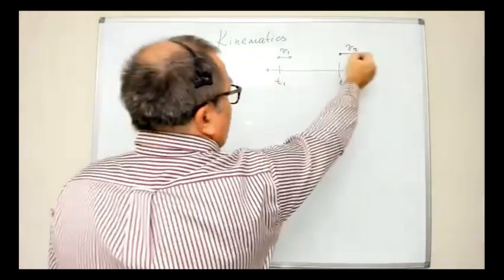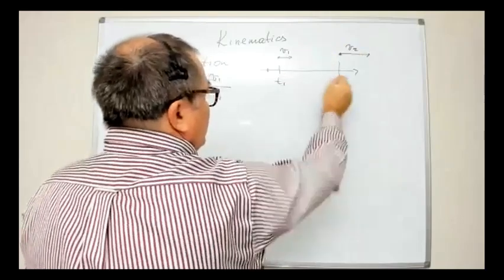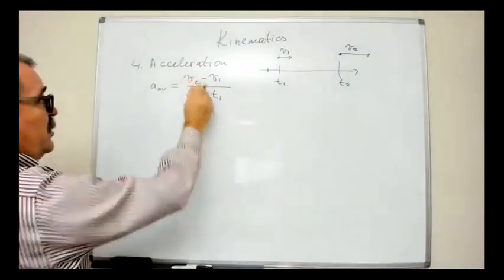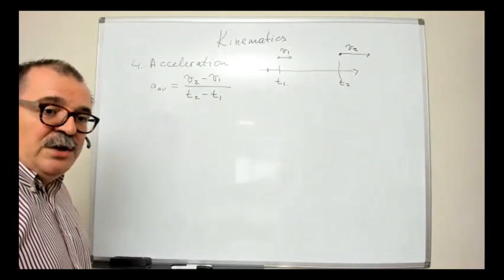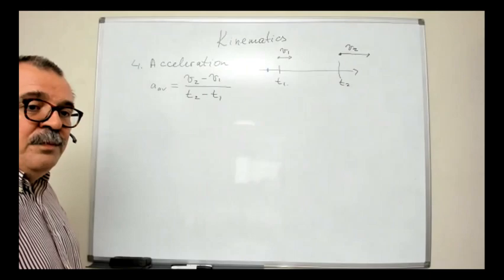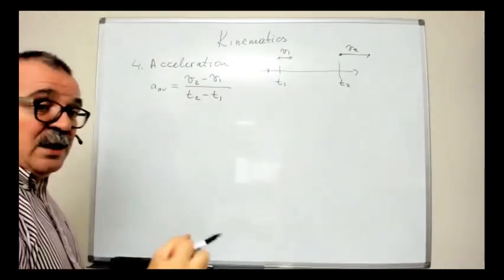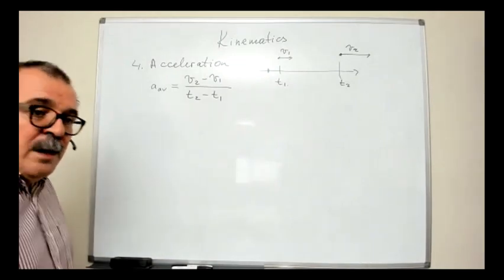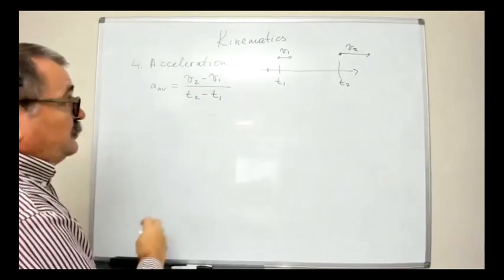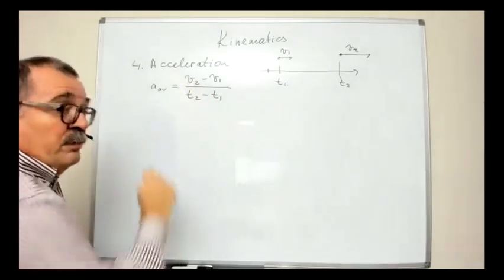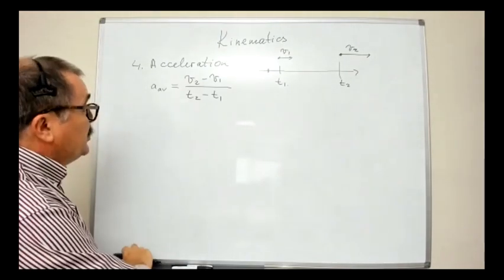So we just measure this and that, each an instantaneous value at a particular time. We have two numbers, divided by the time interval required to change the velocity from v1 to v2. Again, in general, v2 and v1 can be positive or negative, and you have to keep track of that. If the velocity v2, let's say, is negative, then you have to put a minus here for the actual value of the velocity.